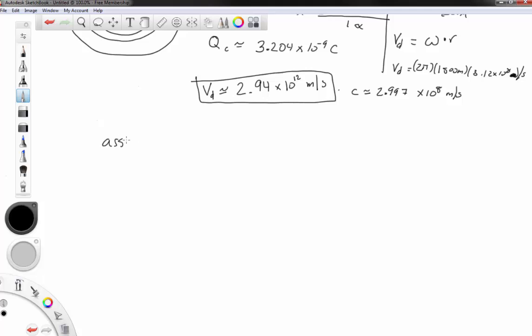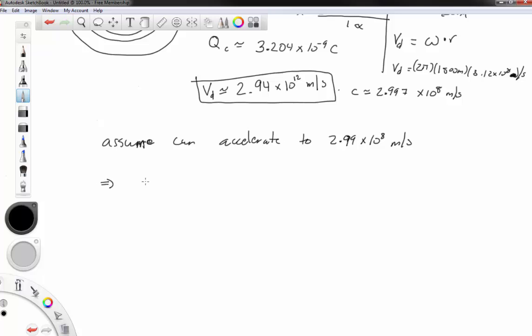So let's assume that we can accelerate to, let's say, 2.99. So we're basically going to truncate this speed off at 2.99 times 10 to the 8 meters per second. That's allowable. That would be a very, very high speed particle. Obviously, we're well over 0.99 times c here. So this would take quite a bit of energy to do, but let's say that we can do that. That's the point of a particle accelerator, to get these at very high energy, very high speed.